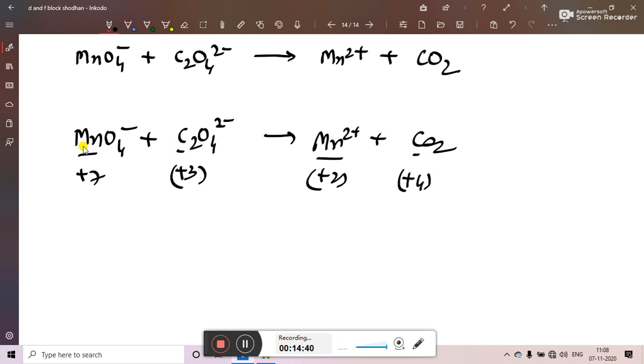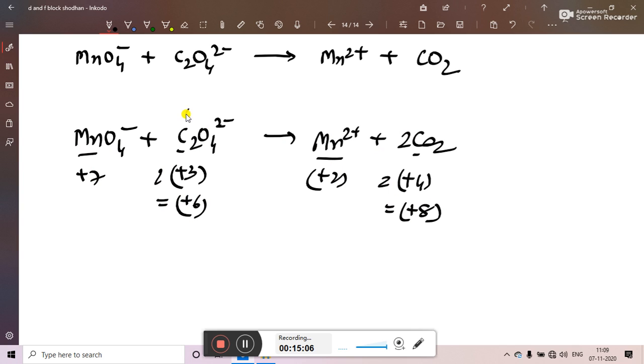Now here we have to balance the underlined elements. So Mn is 1 on both the sides. Carbon over here is 2, so we have to multiply with 2. Thereafter you have to multiply the oxidation number with the number of atoms. So here Mn is 1 only, carbon is 2, so we have to multiply with 2, so it will become plus 6. Mn is 1 only, and here carbon is 2, so we have to multiply plus 4 into 2, so it is plus 8.